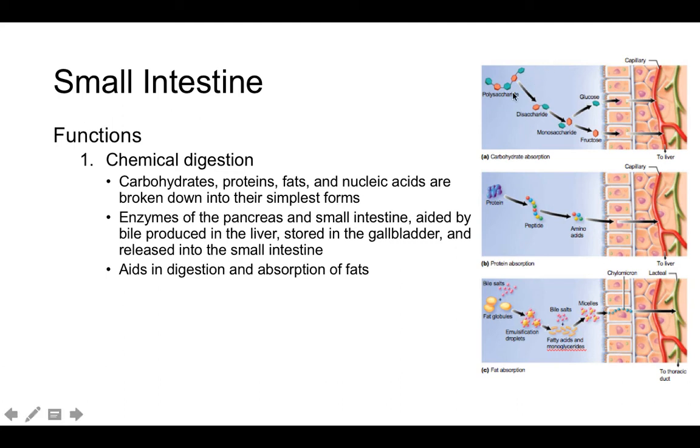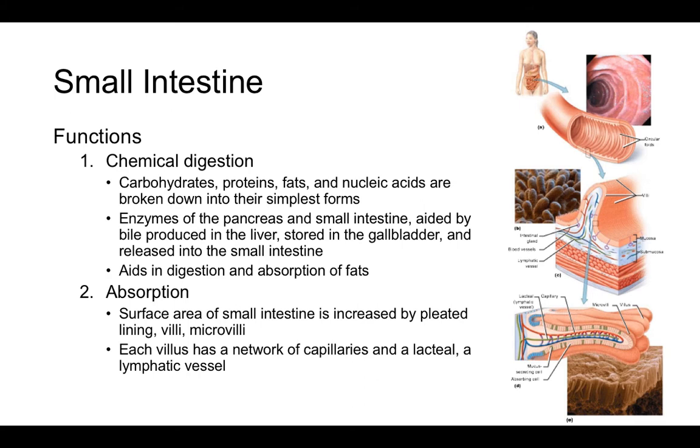And then all of these, as you can see here, all of these monomers are then absorbed through the mucosal lining of the small intestine and move into the capillaries. Now, enzymes of the small intestine, pancreas, liver, all the bile stored in the gallbladder, etc., these are released into the small intestine to allow for full digestion of all of the food stuff that is moving through your body.